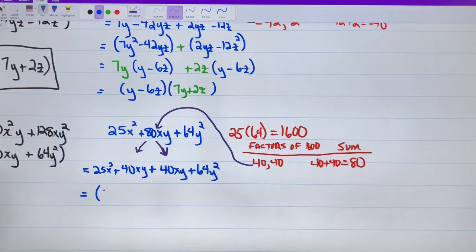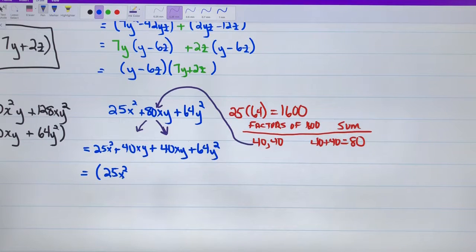Looking at factoring by grouping, if I group into pairs, the first two terms are 25x squared plus 40xy. For the middle operation we have addition, and then we have 40xy plus 64y squared.